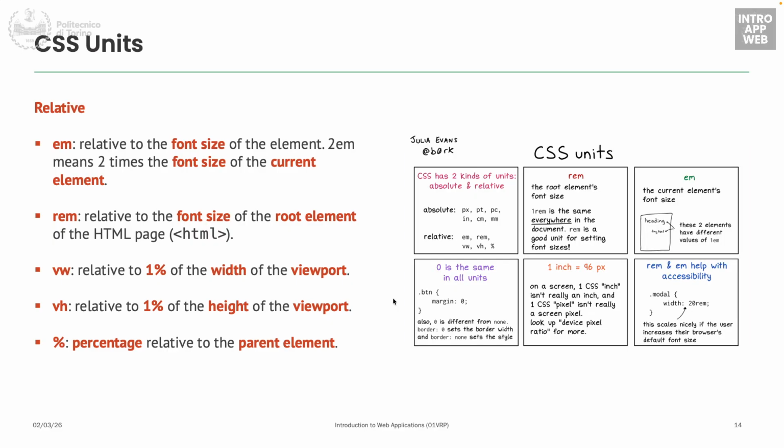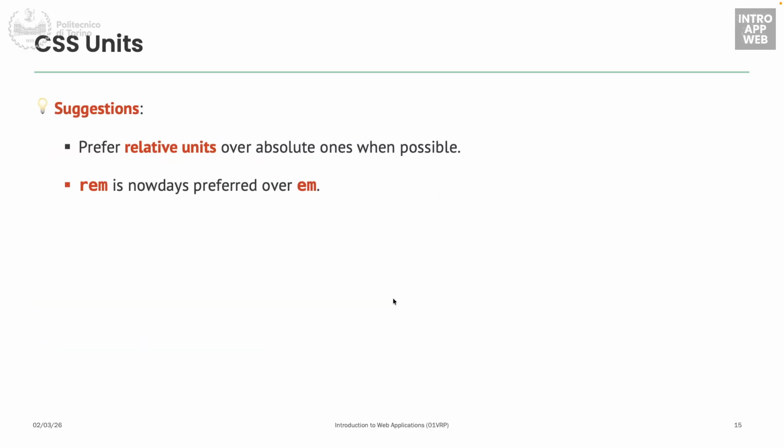And we said that, are we going to prefer the absolute ones or the relative ones? The relative ones. When possible, we will use the relative ones. Why do we prefer the relative ones?